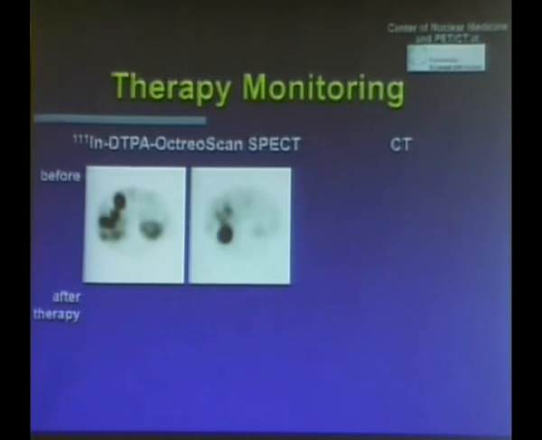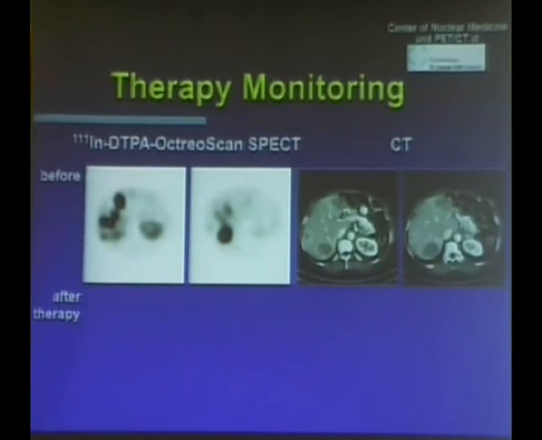Of course, you can use octreoscan, for example, also for therapeutic monitoring, because this is a case with a lot of metastases of a neuroendocrine tumor in the liver. Besides, you can see the same transversal slices of CT.